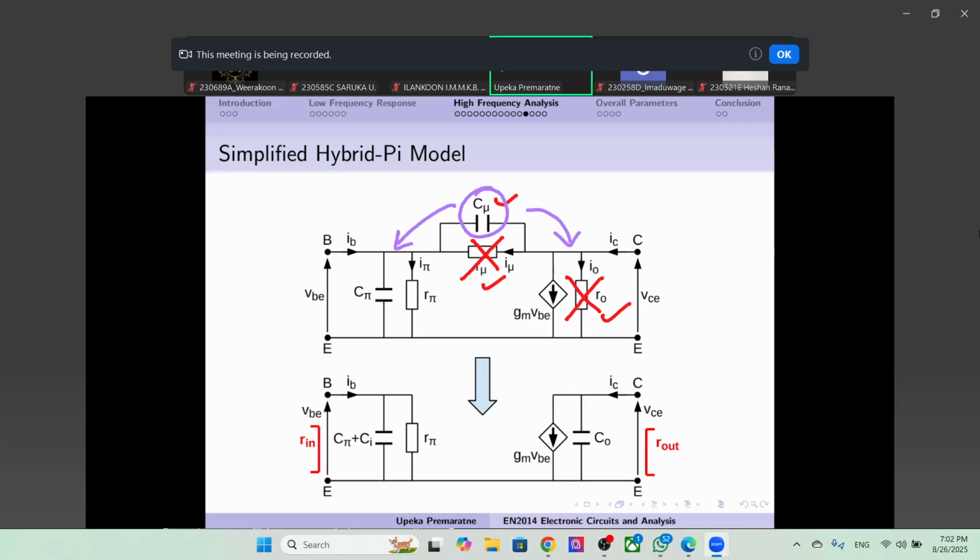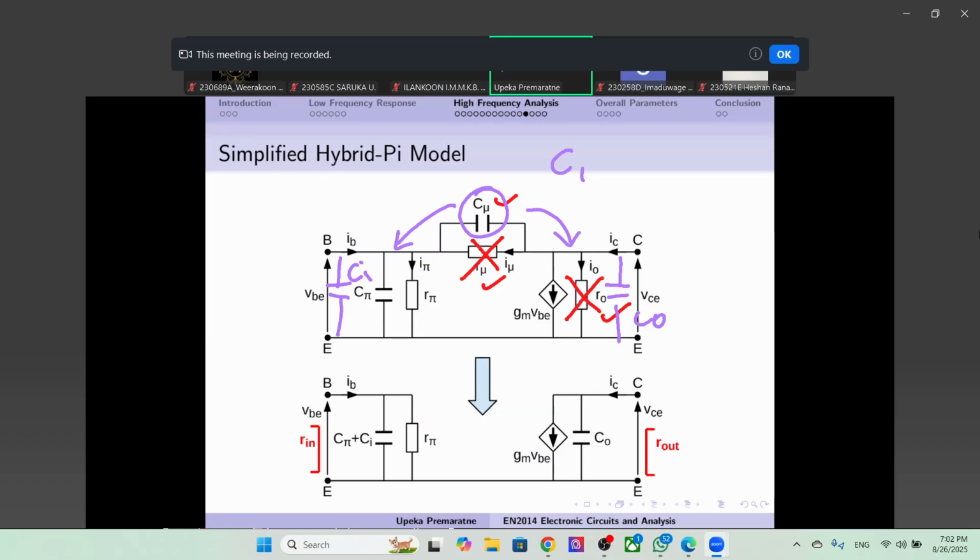We take the Miller capacitance for the input as Ci, and for the output as Co.